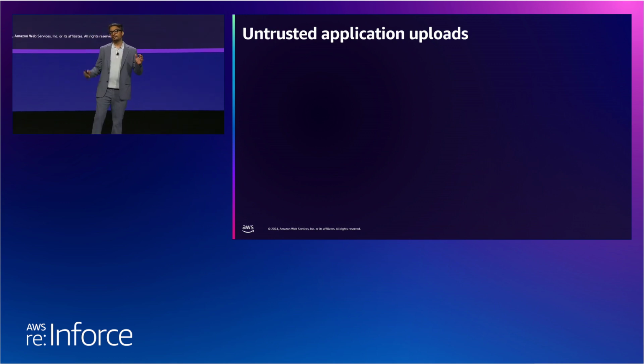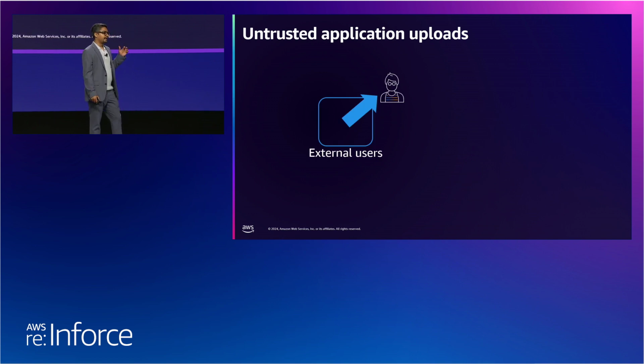Now moving on to some examples of untrusted application uploads. We'll see it from the perspective of two different scenarios. First, where we have external users uploading untrusted data to S3 buckets. Think about an application like a video conferencing application that has a chat button where customers can upload files.